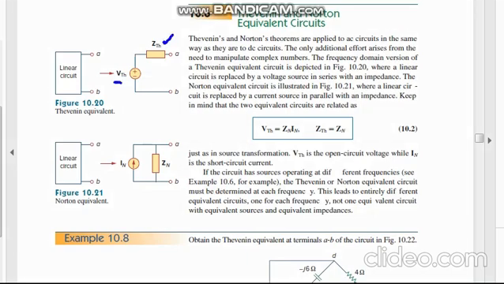The equivalent resistance is in series. If you want to convert it to the current source, that will be the Norton equivalent circuit, where the current source and the Norton equivalent resistance are in parallel.